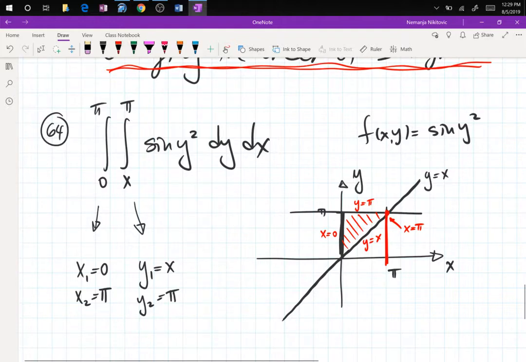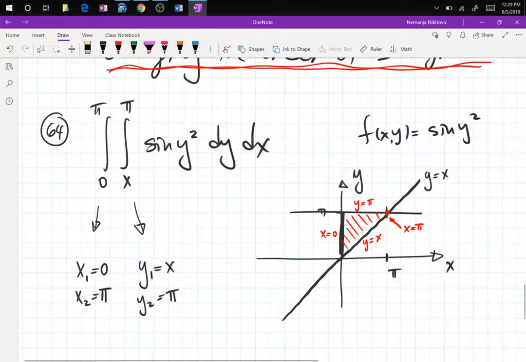No, because I don't have the line y equals 0. That line was not mentioned anywhere, and that's why I don't get to shade the bottom region. There are a lot of mistakes on exams from picking the wrong region. It is very important to learn how to transform the region into limits and then limits into regions.